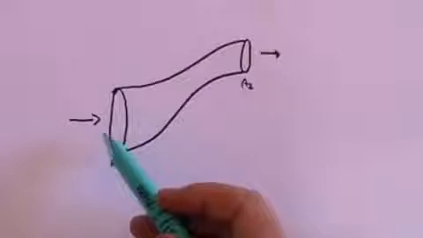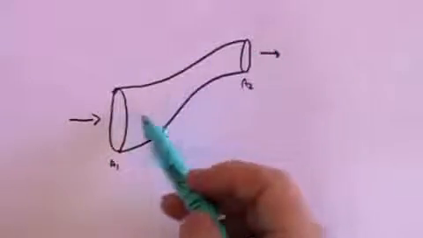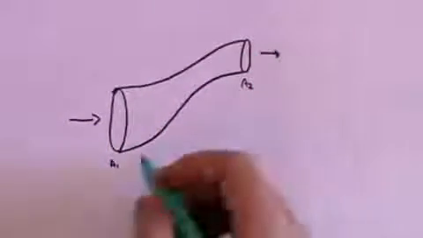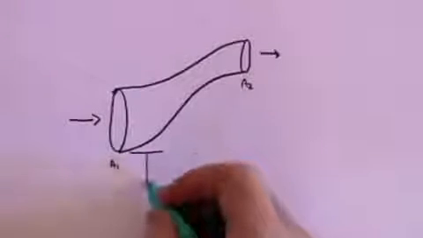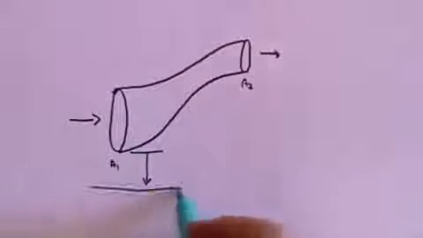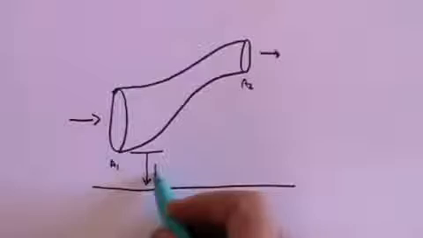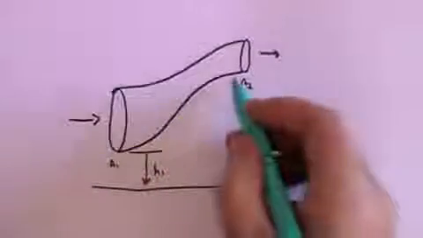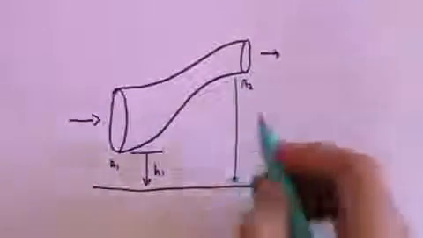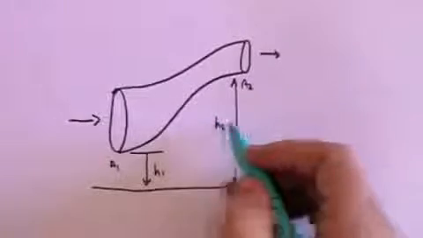You'll also notice that the pipe has gone uphill, and so we will call the height of the pipe above some sort of ground level H1 here and H2 here.